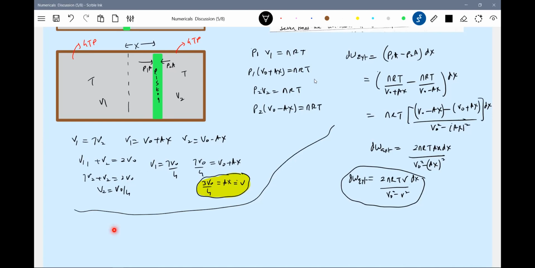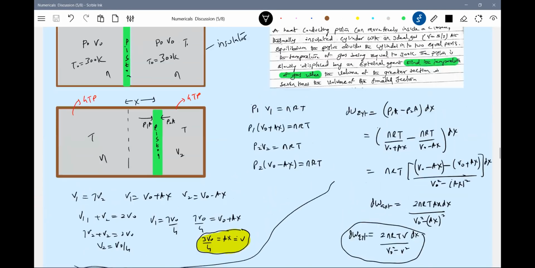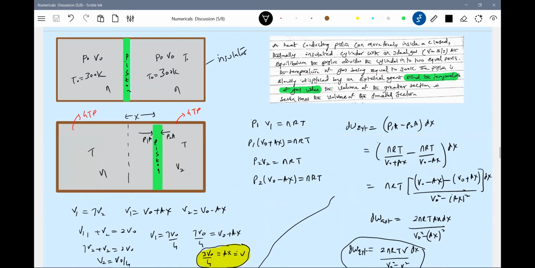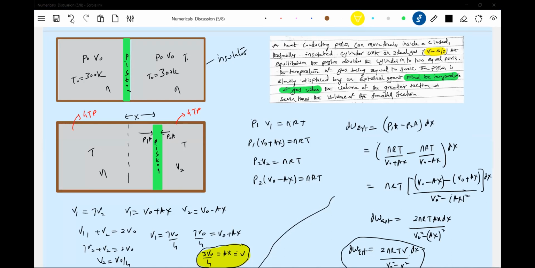So this work done, change in internal energy dU should be equal to... what is the type of gas? It's a monoatomic ideal gas, gamma equal to 5/3. So how to get the change in internal energy?